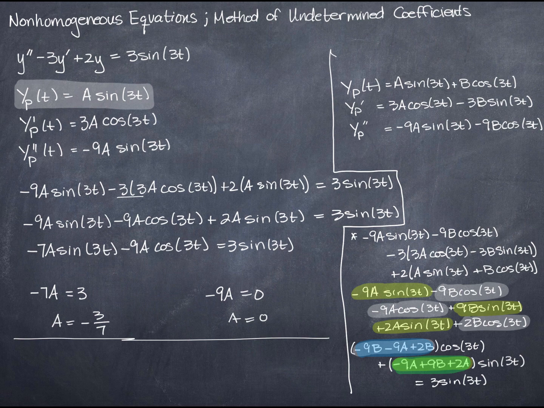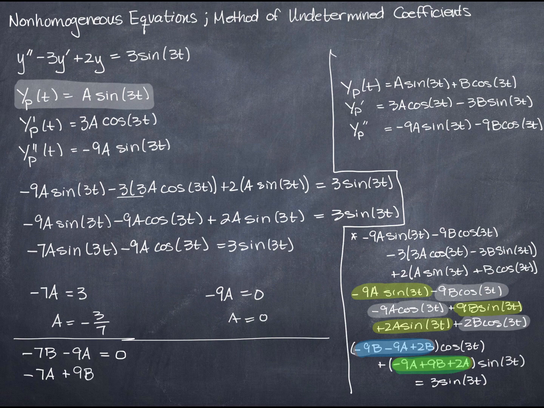So I'm going to have negative 7b minus 9a, and that's the coefficient of cosine. If you go back to the original equation, there is no cosine term, so that has to equal 0. And then the coefficient of sine is negative 9a plus 2a, which is negative 7a, plus 9b.